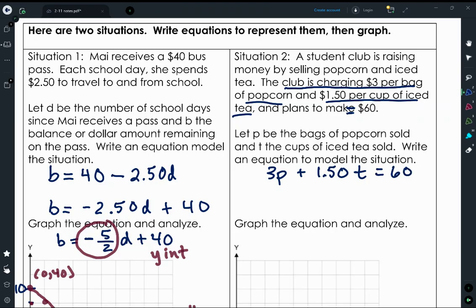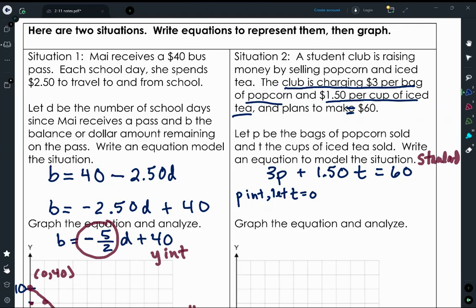So this one we want to graph right away. And because this is in standard form, which I remember talking about the other day, it's going to be easier to look at our x-intercept and our y-intercept. Really in this case, it's a p-intercept and a t-intercept, right? So if we're looking for our p-intercept, we would let t equal 0.